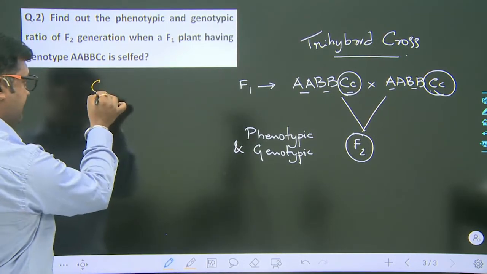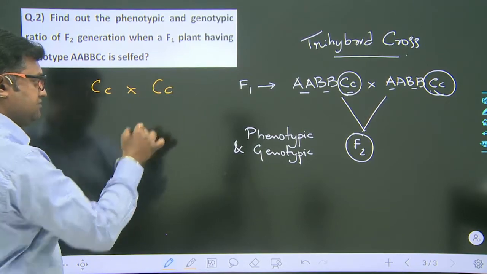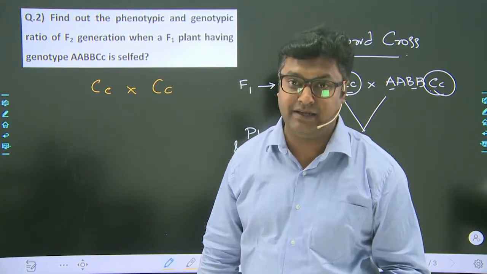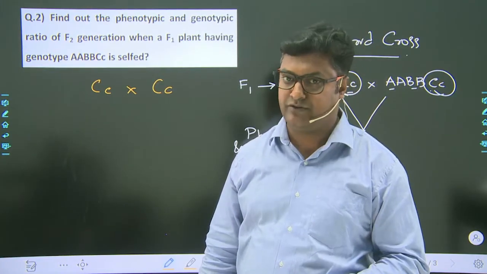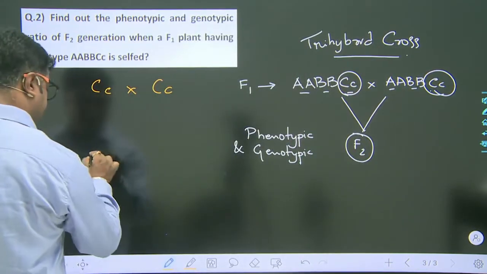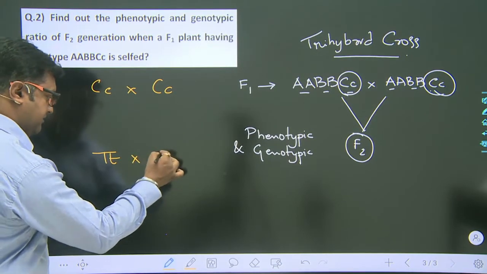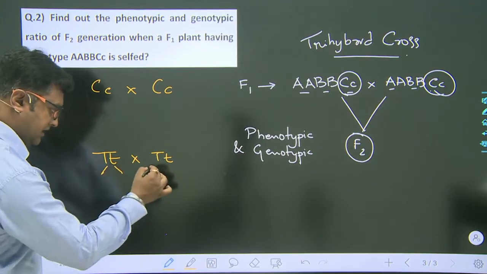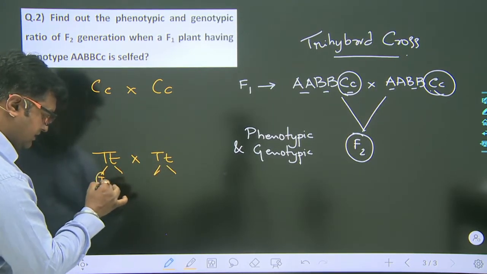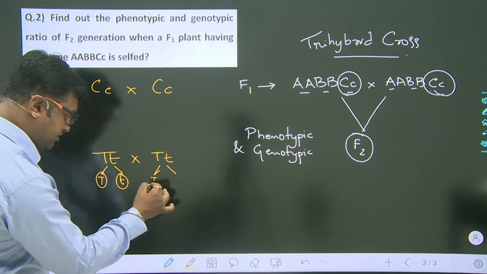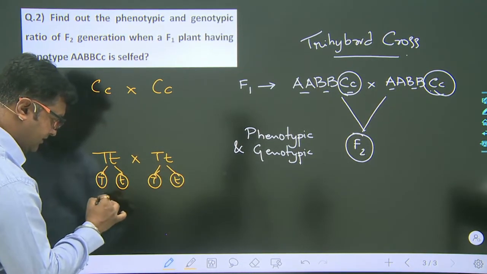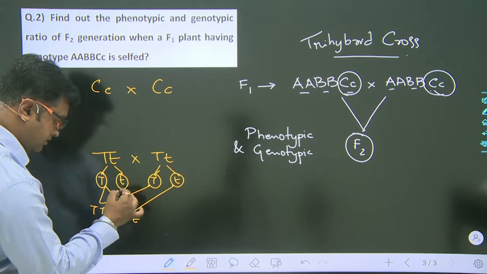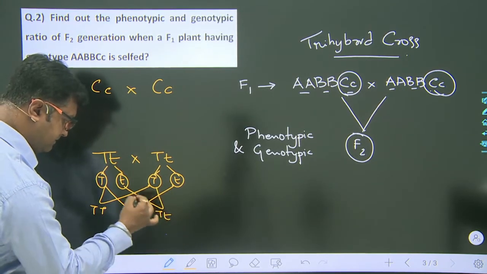So if I say capital C small c into capital C small c, this is very similar to the cross done by Mendel in explaining the monohybrid cross. That is, for capital T small t and capital T small t, where he got 2 kinds of gametes over here and 2 kinds of gametes over here. And finally, when the crossing was done, these crosses were obtained.